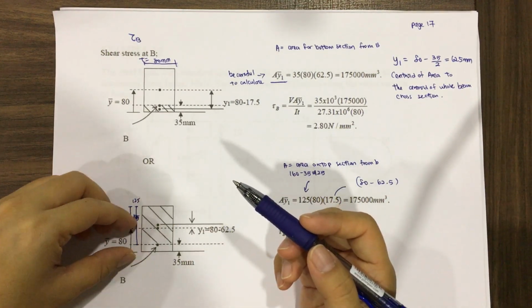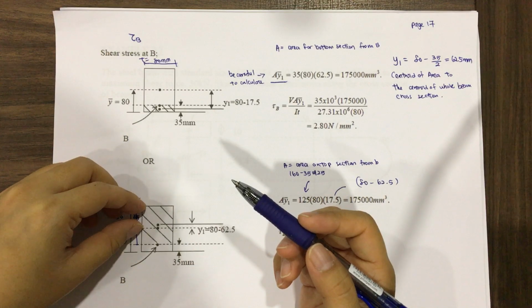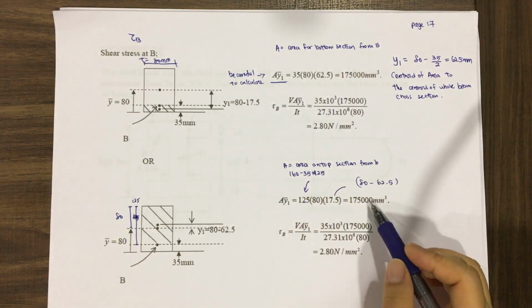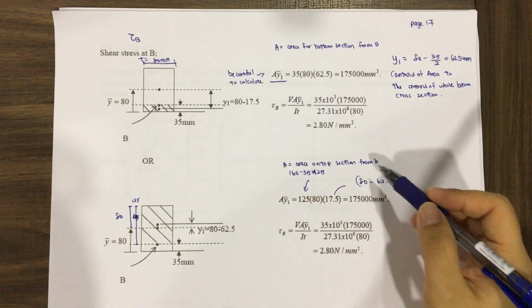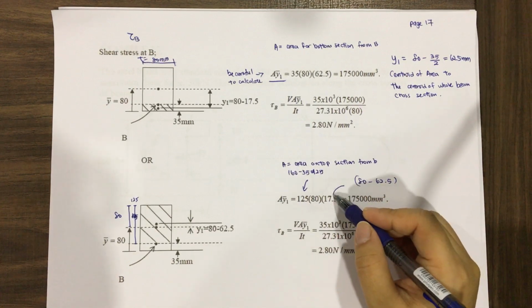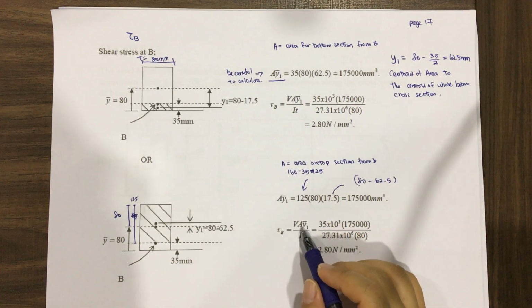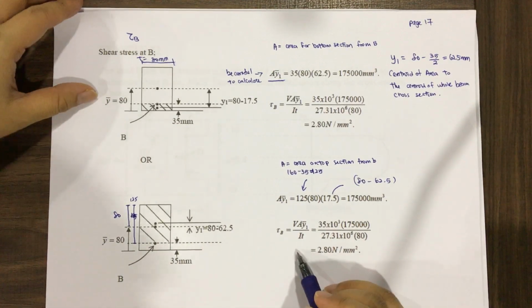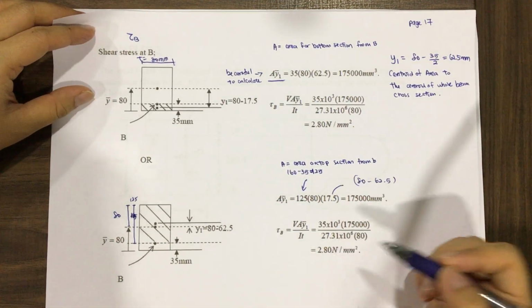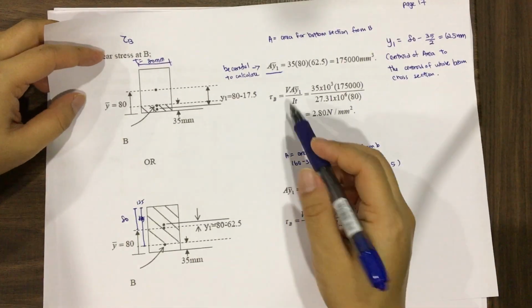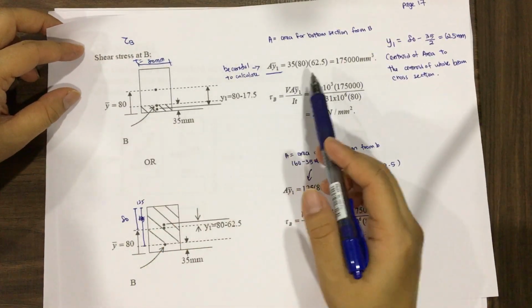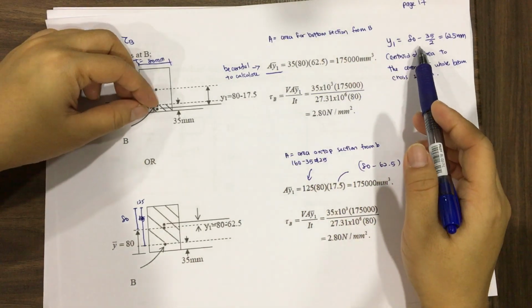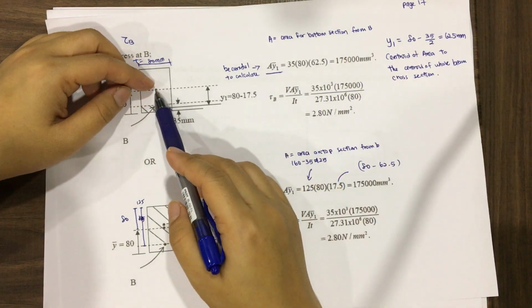So 80 minus 62.5, you get the centroid of this, so you get the y value. So V times A times y over IT, then you get this value. You can see that both values are the same. So basically, to calculate the shear stress you use the centroid of the area to the centroid of the overall section.